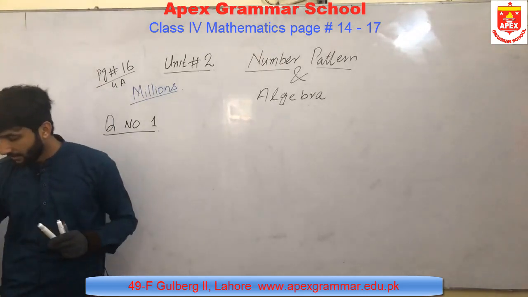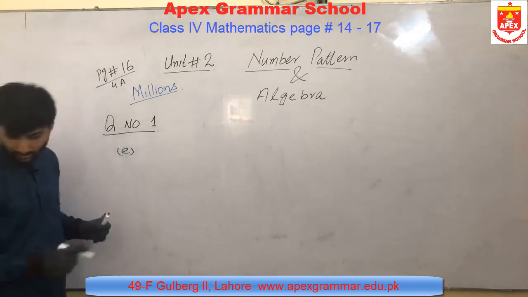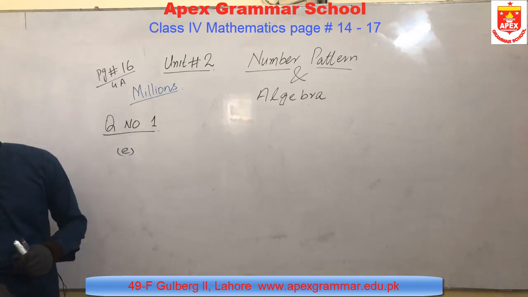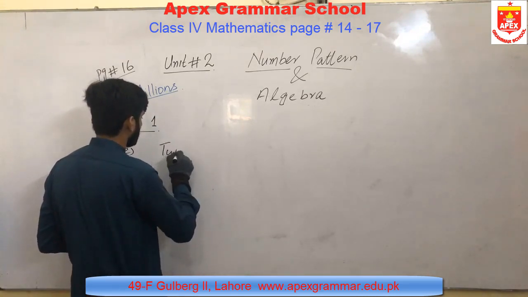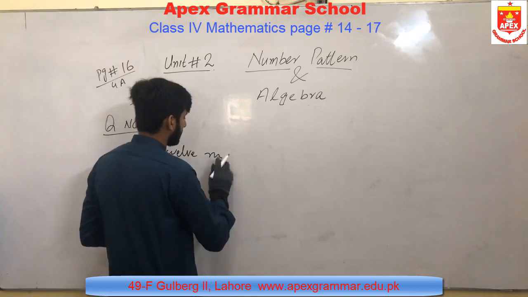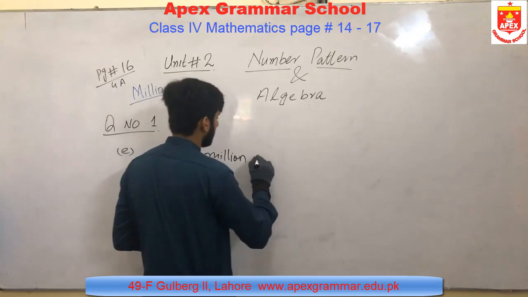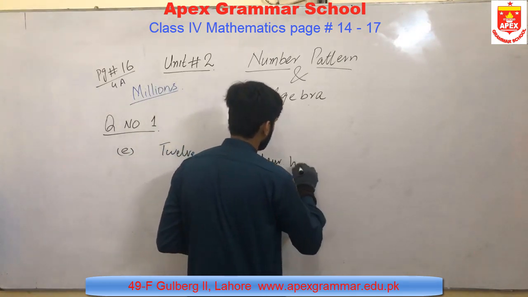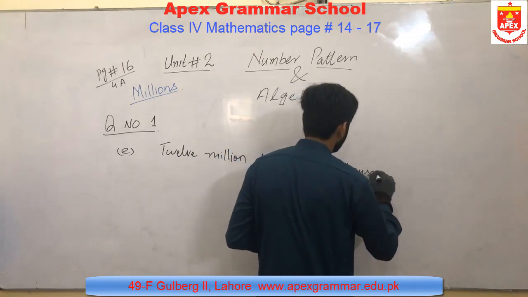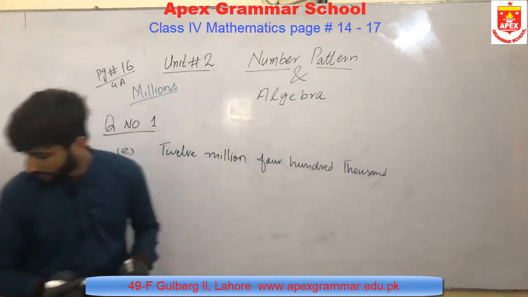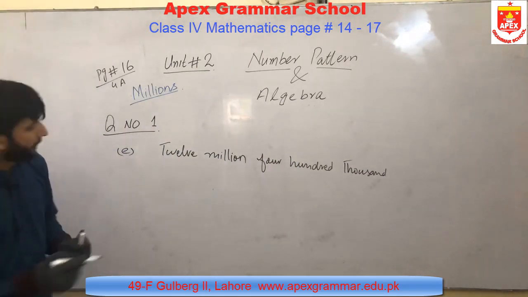A part I have done. I am going to solve E part for you. E part is 12 million 400,000 214.